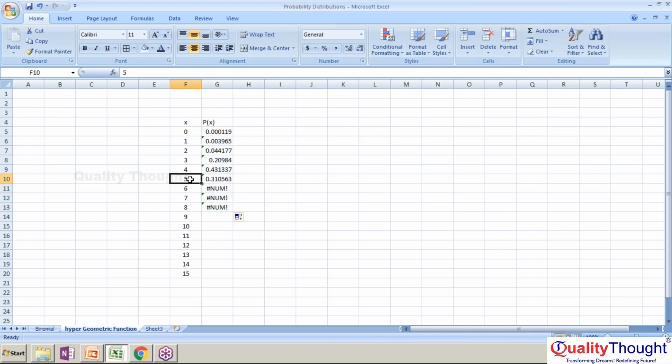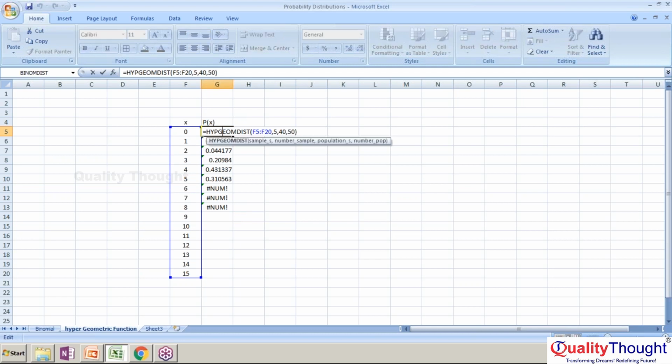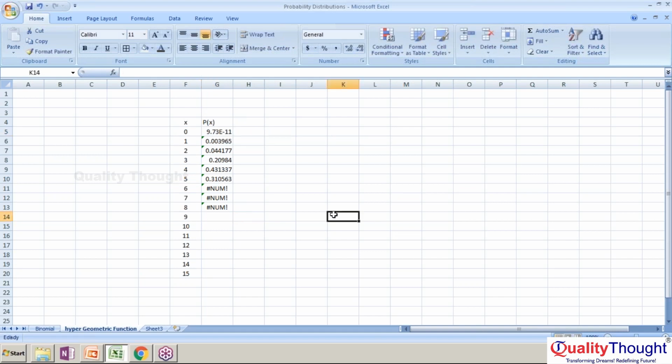Because the total number of selections is only 5. So now let us see, if I just want to increase this one to 10, then this is how. Understand? So what I just want to do.